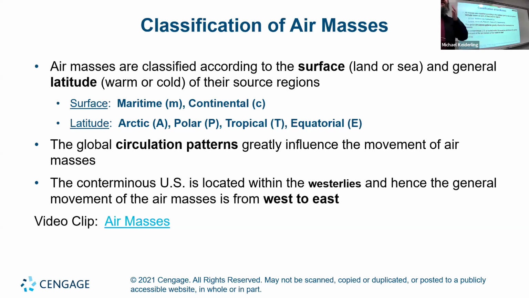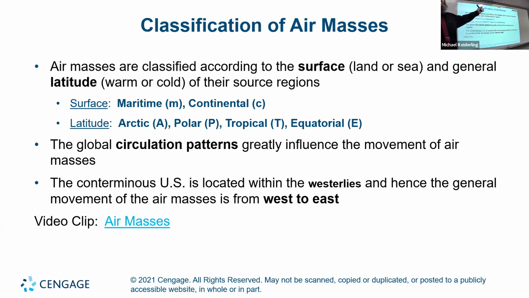And the global circulation patterns greatly influence the movement of air masses. The conterminous US is located within the westerlies, so in general, air masses move from west to east. We happen to be in the middle of a giant flat area, so we get greatly influenced by whether air masses are moving up from the south or down from the north, because there's nothing in the way to slow them down.